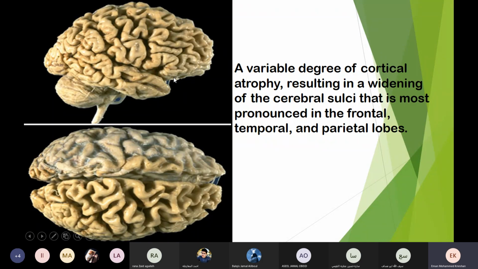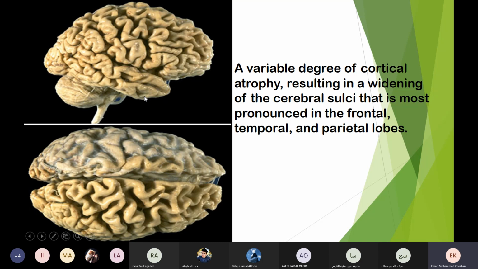What is this? This is Alzheimer's disease, okay? In Alzheimer's disease, we have a variable degree of cortical atrophy. So there is shrinkage of the gyri and widening of the cerebral sulci. It's mostly pronounced in the frontal, temporal, and parietal lobes.